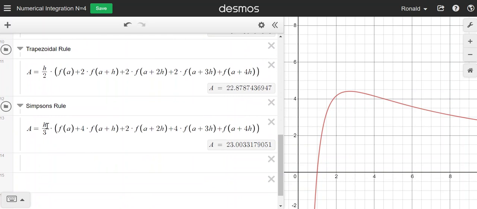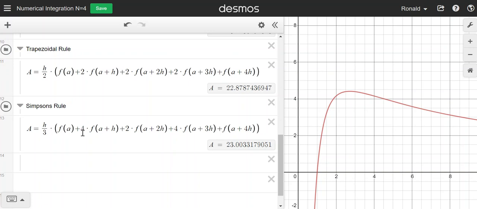A is equal to h divided by 3 times all of this in the parentheses. And once again, just like with the trapezoidal rule, we start with f of a. This could be considered n equals 0, then n equals 1, 2, 3, and 4. And so you can see that there is a pattern here.